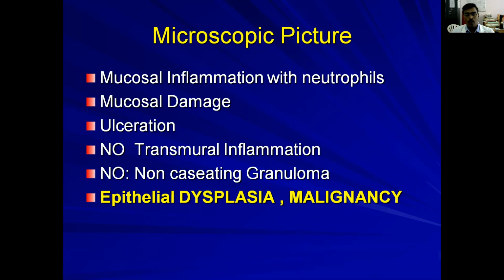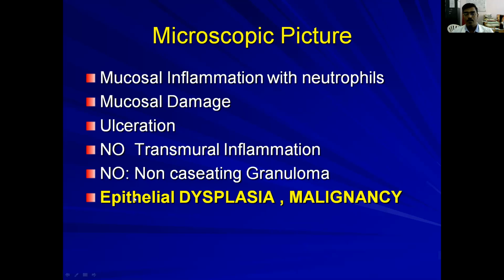Since it involves the mucosal layer, there will be a greater tendency for epithelial dysplasia, which means the mucosal epithelial cells can easily go for dysplasia, then carcinoma in situ, and then carcinoma. Hence ulcerative colitis has a high tendency to convert to carcinoma.